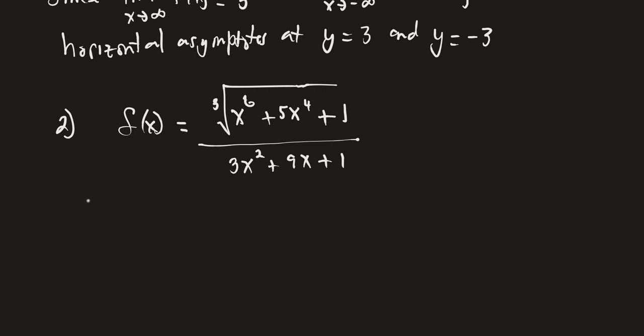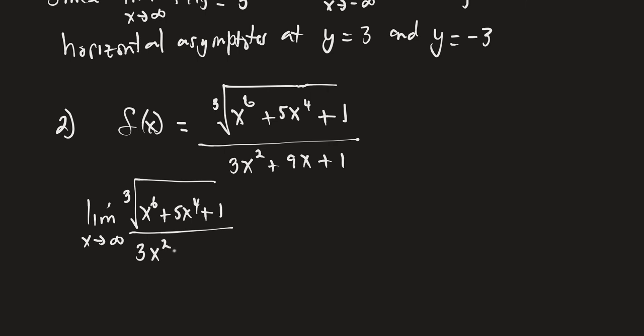So let's do our limit as x goes to positive infinity of this, right? So the cube root of x to the 6th plus 5x to the 4th plus 1 over 3x squared plus 9x plus 1. And let's do the dominant term method again. So by dominant terms, that limit is equal to this limit.